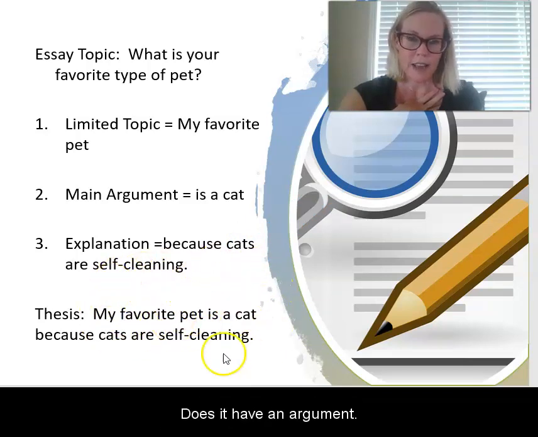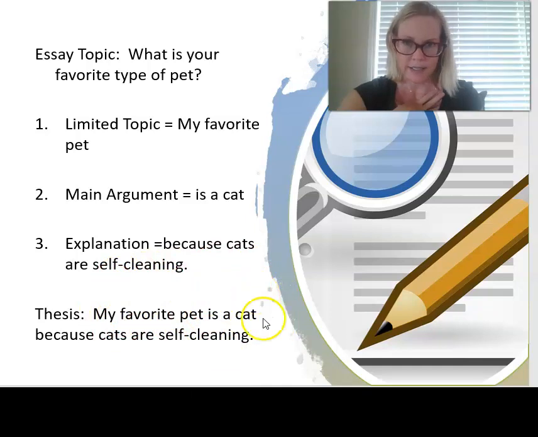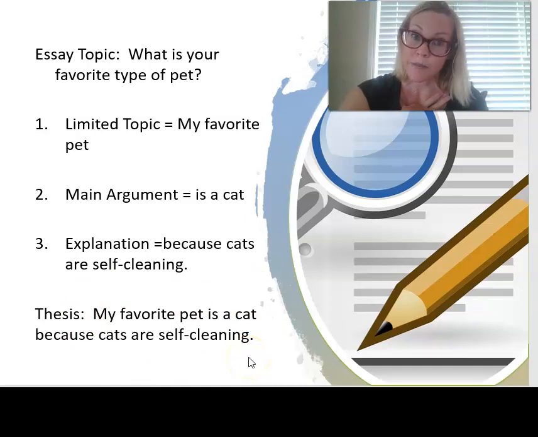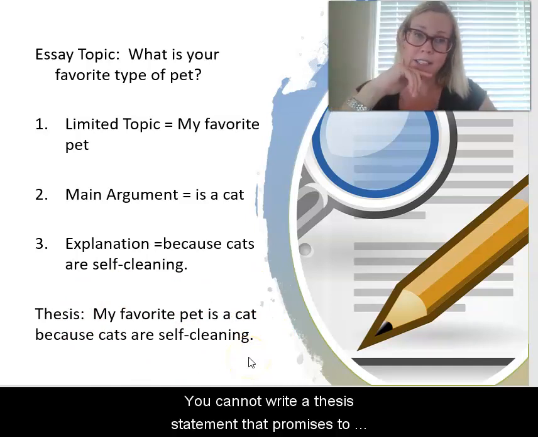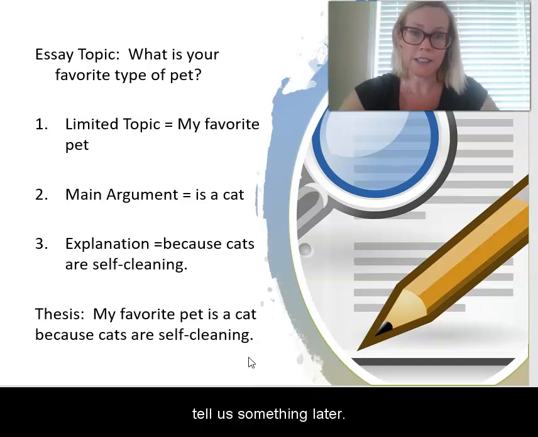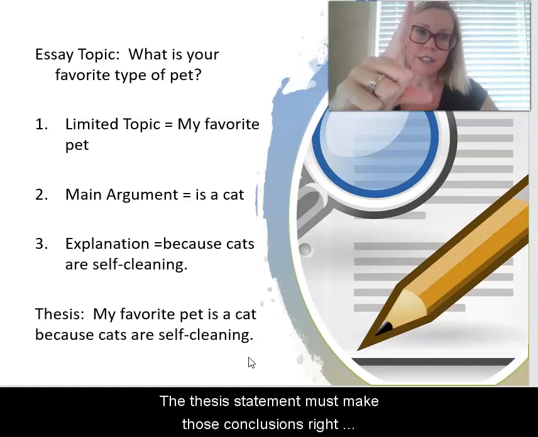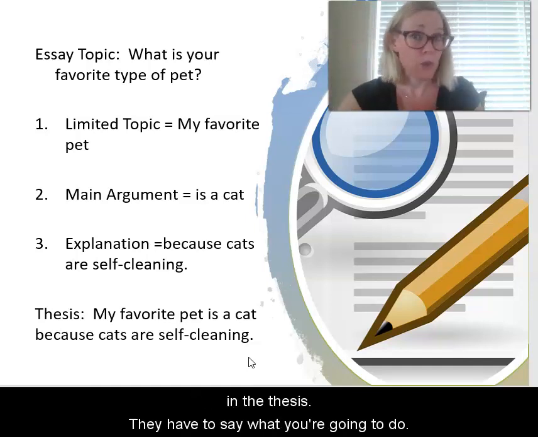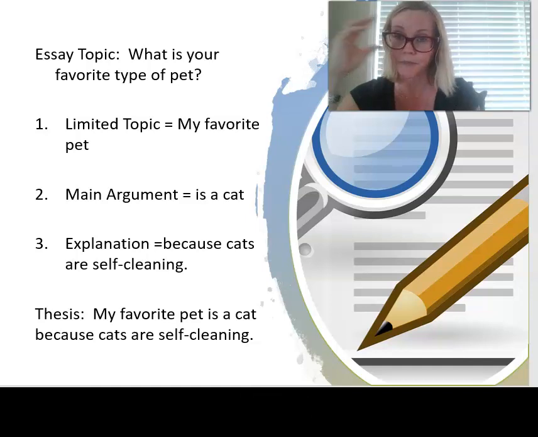Yes. Does it have an argument? Yes. Does it give an explanation? Yes, it does. That is the thesis statement. You cannot write a thesis statement that promises to tell us something later. The thesis statement must make those conclusions right in the thesis. Okay, it has to say what you're going to prove.